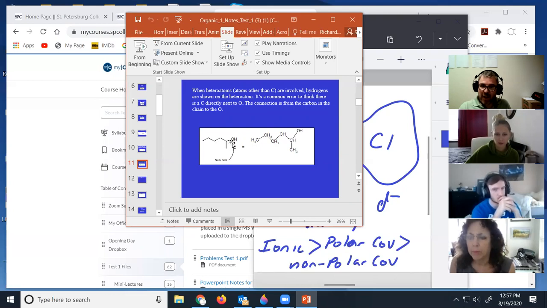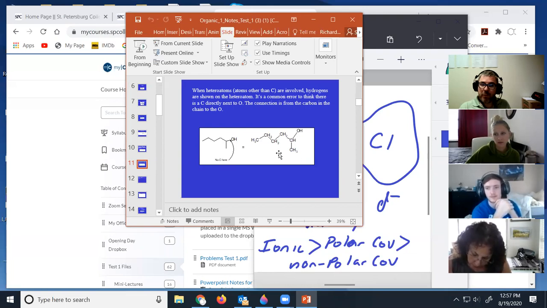At the end of this line is the O. I want that to be clear as well. Do you see the connection here? So what's the molecular formula for this structure? Let's see, 1, 2, 3, 4, 5, 6, so C6. And hydrogens, well, we can count them: 3, 5, 7, 9, 11, 14.